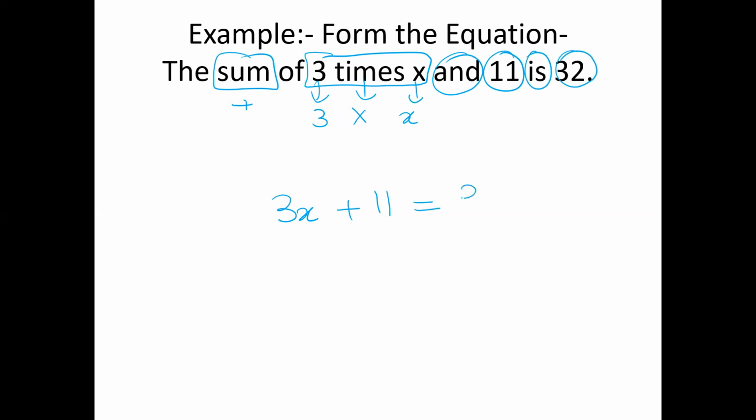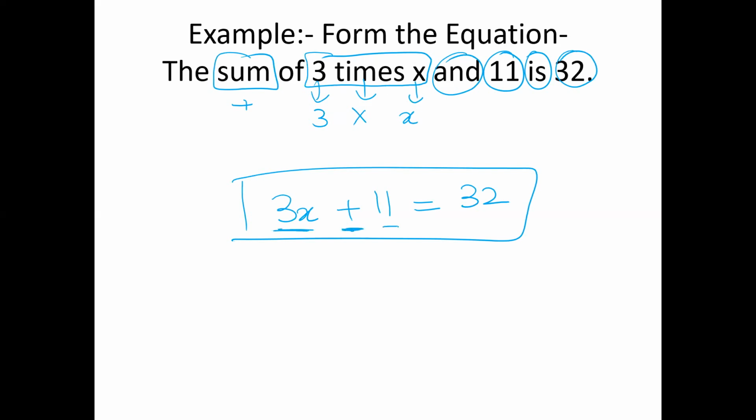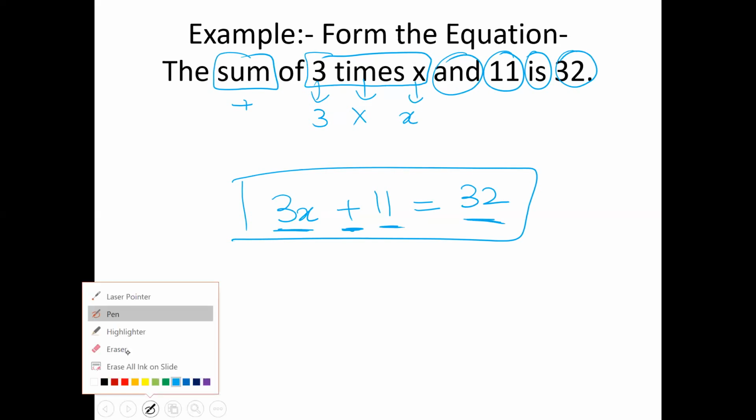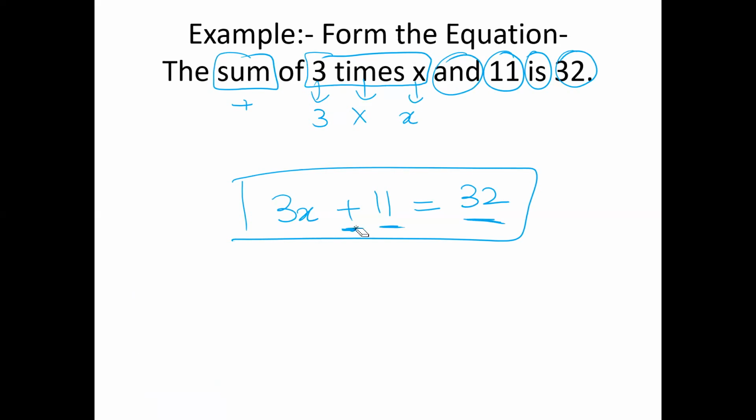We get 32. So the sum of 3 times x and 11 is 32. We have to grab each and every word to get something productive out of it, and that product will be the simple equation.